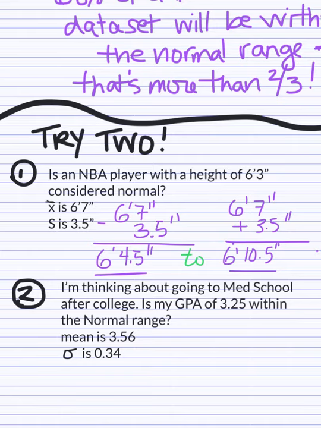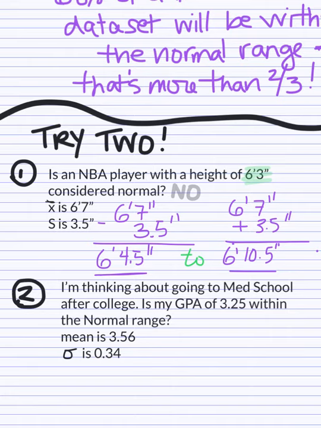So this NBA player had a height of 6 feet 3 inches. He's actually below the normal. So he's below the low end of the normal range. So to answer this question, is an NBA player with a height of 6 feet 3 inches considered normal? The answer would be no.